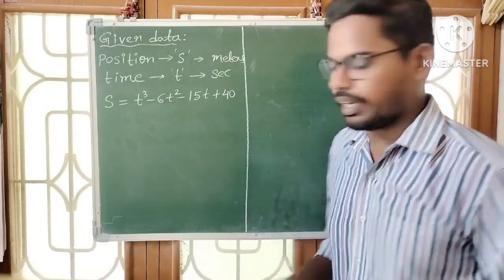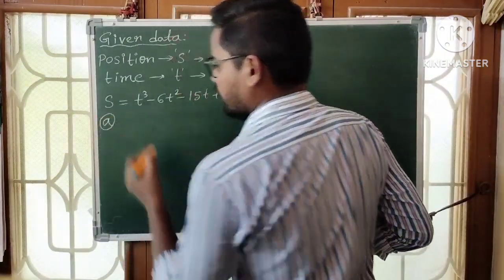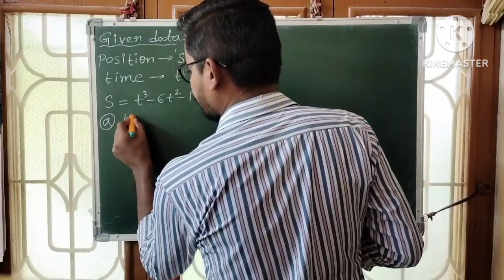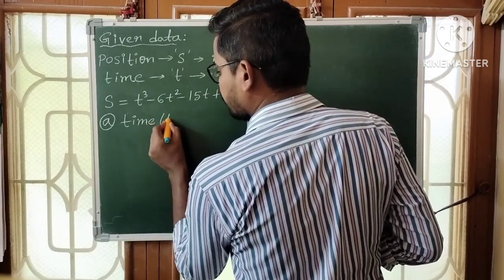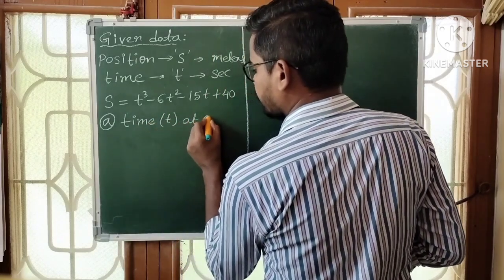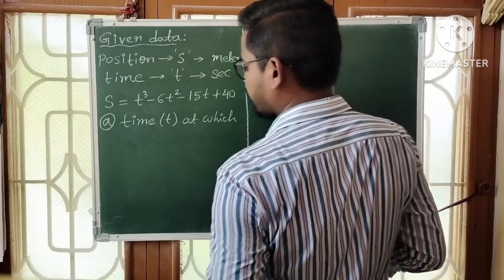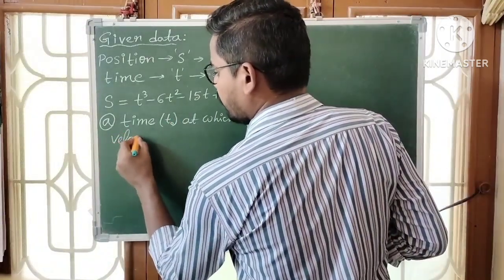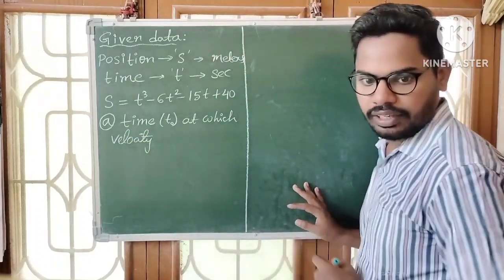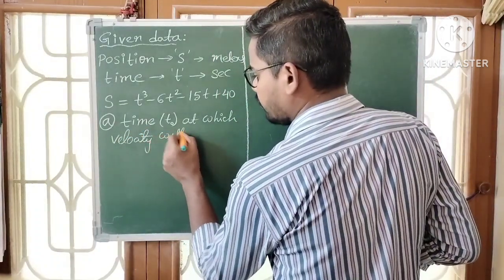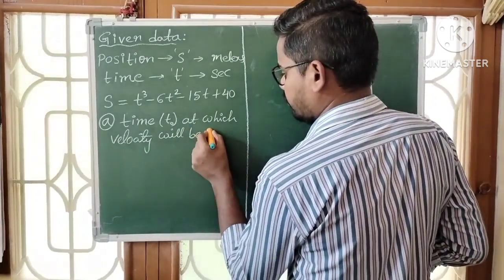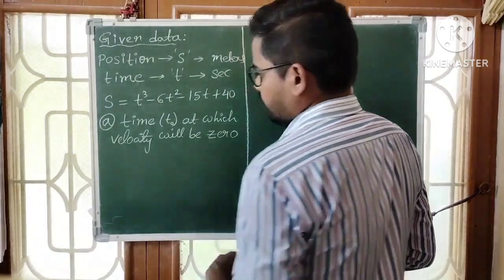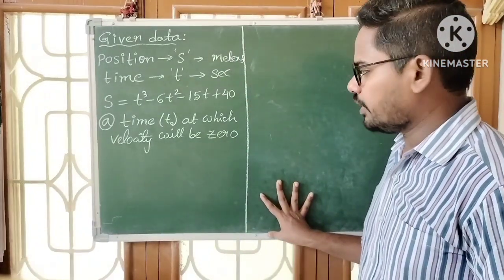So let us solve the first question: the time at which the velocity will be 0. We have to find the time, let us say t naught, at which the velocity of the particle will be 0.